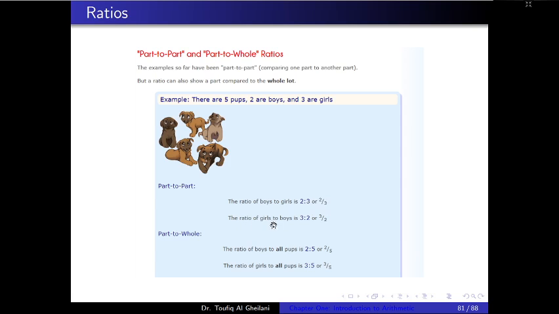The ratio of girls to boys is 3 to 2. Part to whole, the ratio of boys to all the dogs is 2 to 5, because the sum is 5. The ratio of girls to all the dogs is 3 to 5.